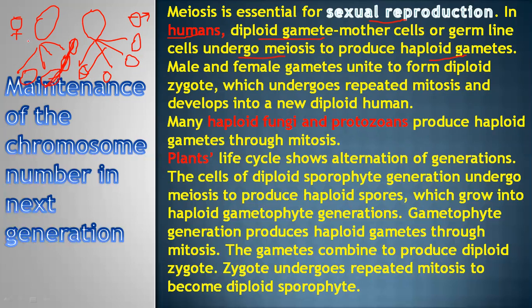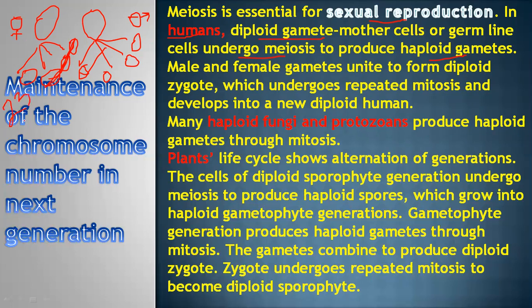So what happens then? Female and male gametes, called gametes because they are the egg and the sperms, unite to form a diploid zygote. After meiosis they are haploid, and the egg is also haploid, having 23 chromosomes.